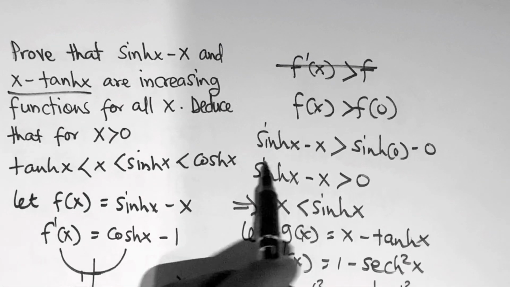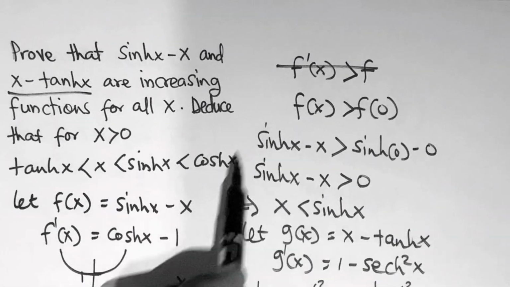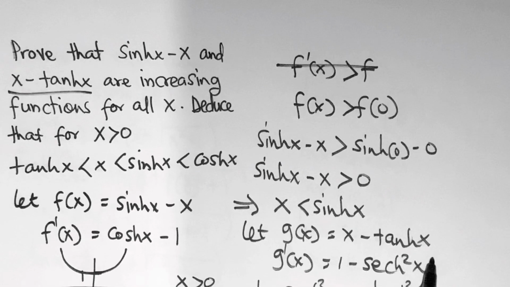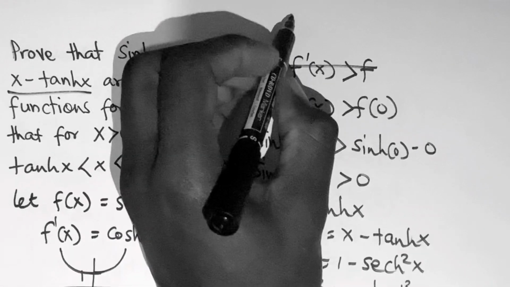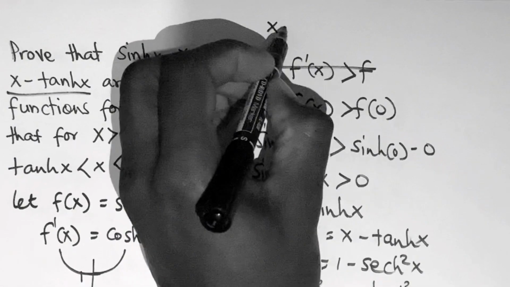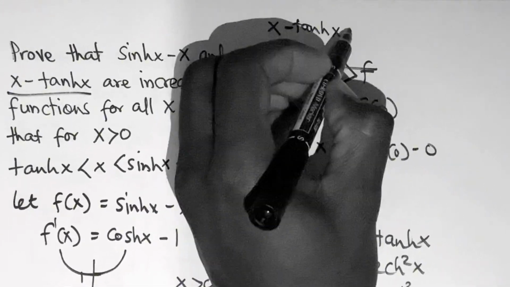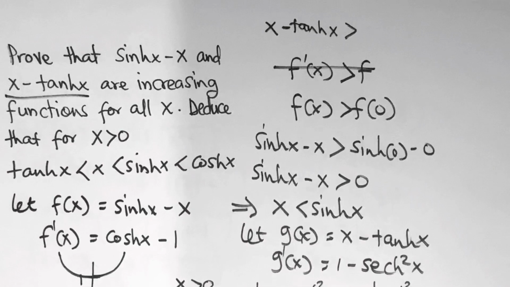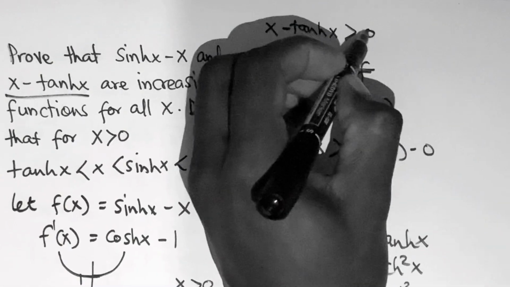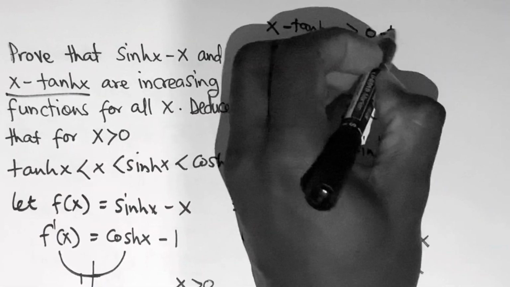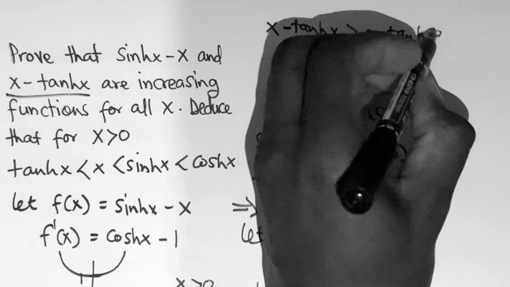So we know that g of x is equal to x minus tan x, so it implies that x minus hyperbolic tan x is greater than g of 0, which is 0 minus hyperbolic tan of 0.